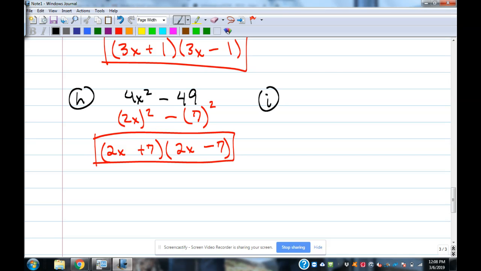Let's say we had 4x squared minus 36. So a similar problem, different number on the end there. It's in descending order. What did we skip?